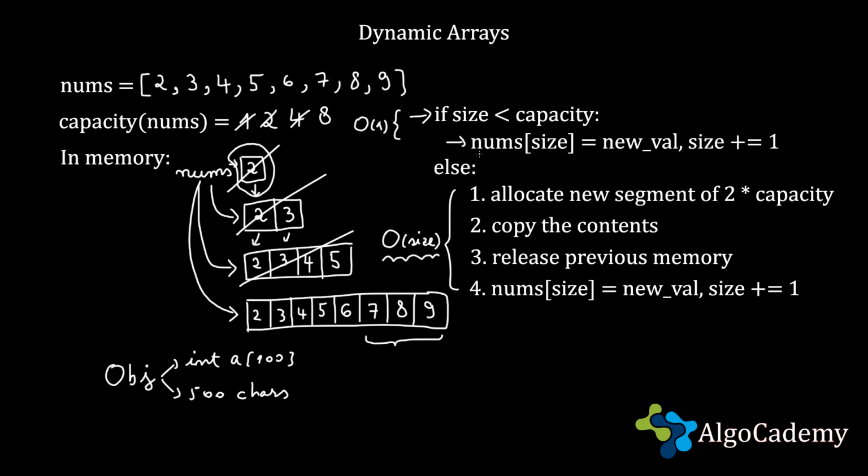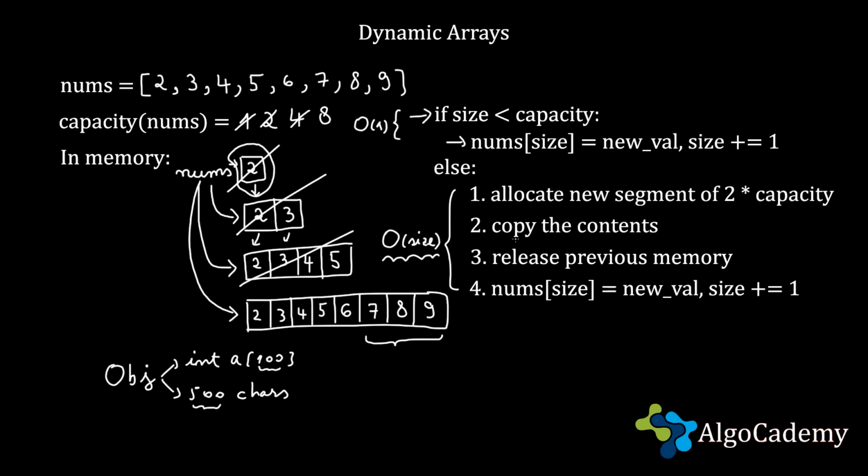When size equals capacity and you need to do all of these steps, now you will have to allocate a segment of 2 crossed capacity objects. So 2 crossed capacity crossed how much memory one object needs. And as you can see here, it needs 100 integers and 500 characters, which is way bigger than only one integer.